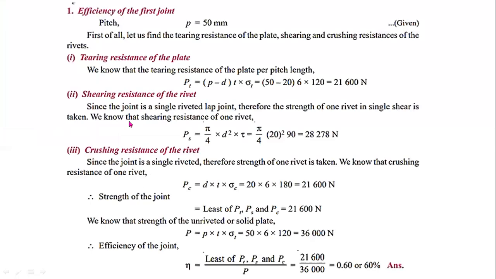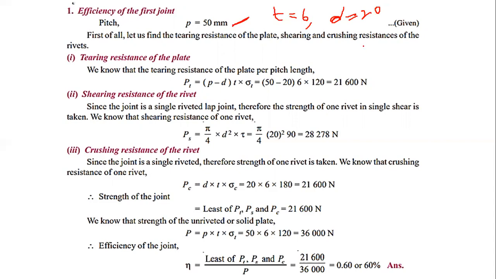Now the efficiency of the first joint. From the given data, for the first problem, the pitch of the riveted joint P equals 50 mm, the thickness of the plate T equals 6 mm, and the diameter of the rivet equals 20 mm.